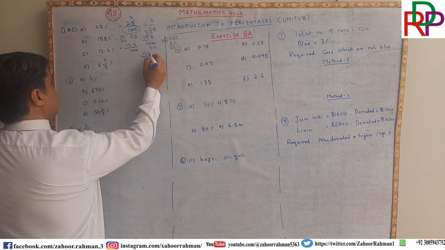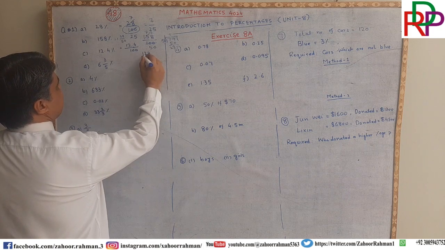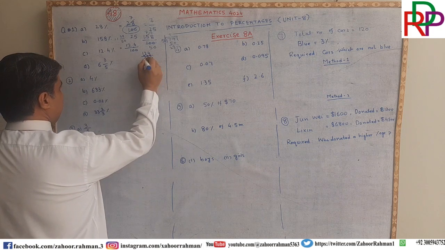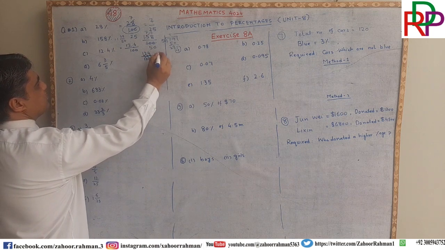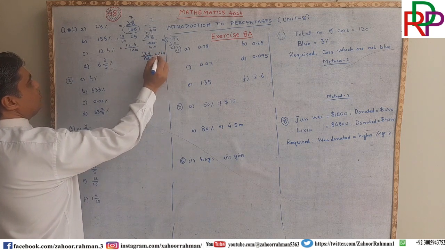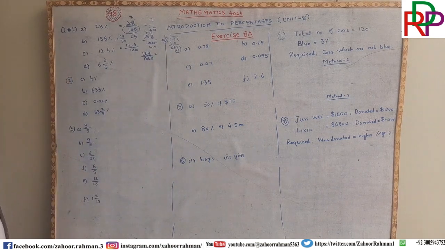This 0 is for this, and this 0 is for this, and wherever the 1 is occurring you have to put the decimal. So 1.24, but you don't have to write it in the decimal form, you have to write it in the fraction form.